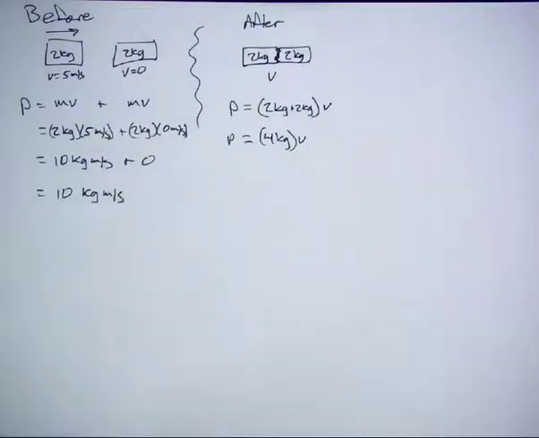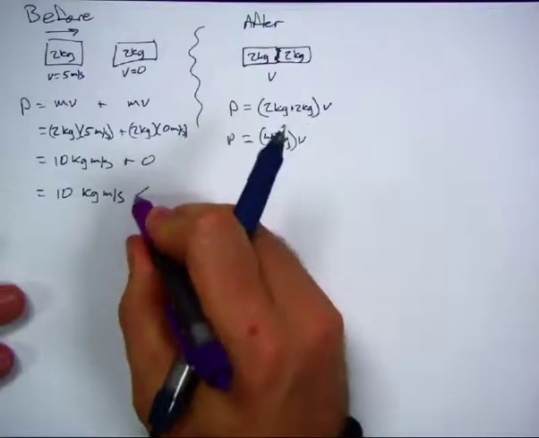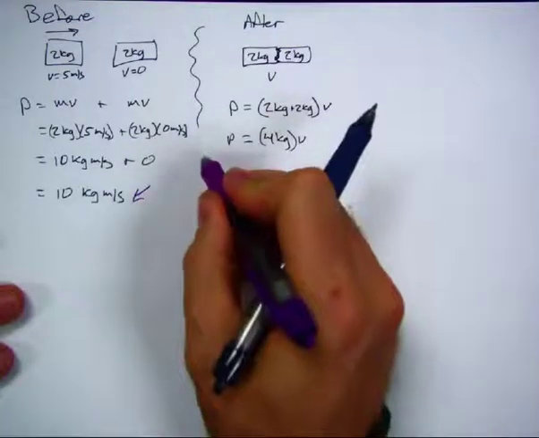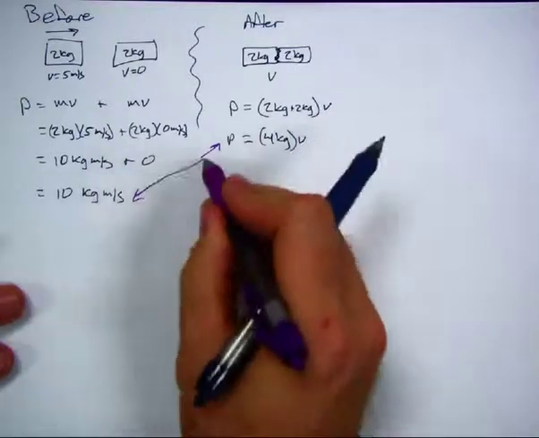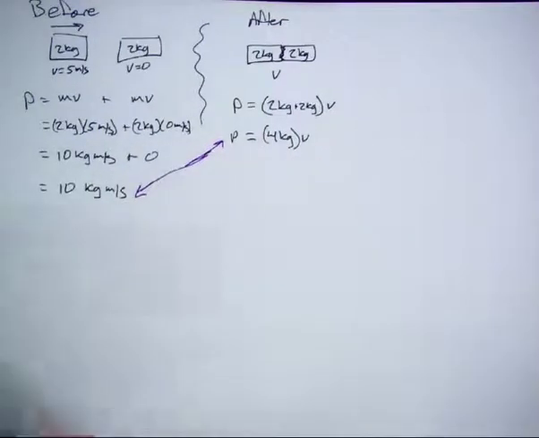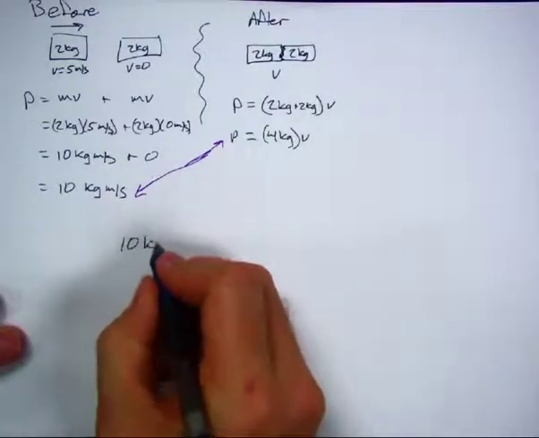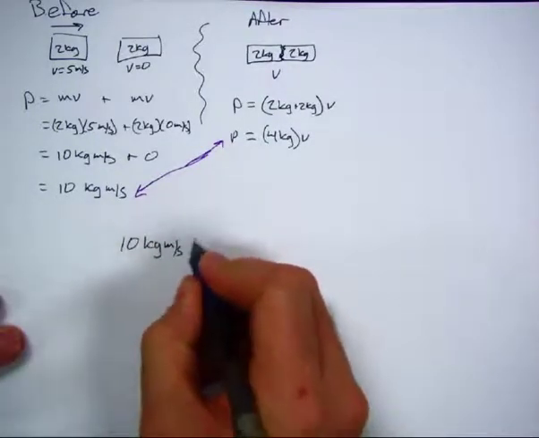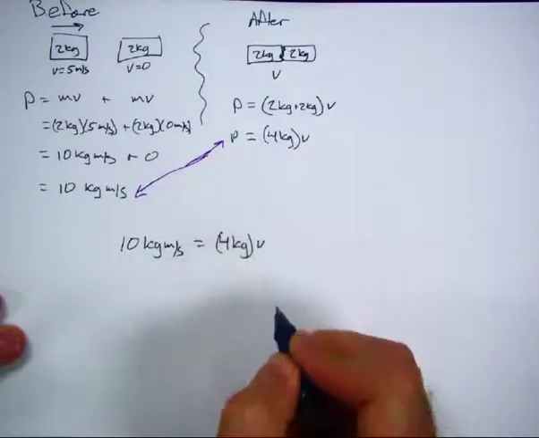But again, because of conservation of momentum, the momentum before the collision and the momentum after the collision are equal. Momentum is conserved. So I can set them equal and say 10 kilogram meters per second is equal to 4 kilograms times my unknown velocity.